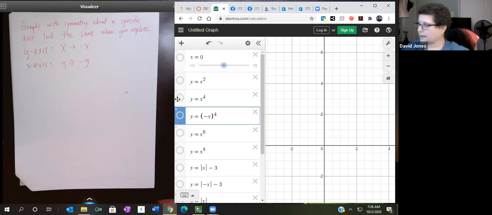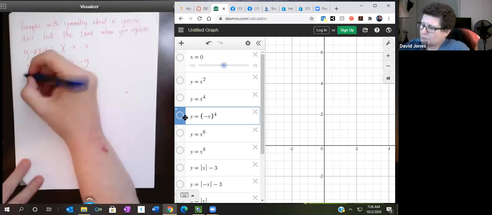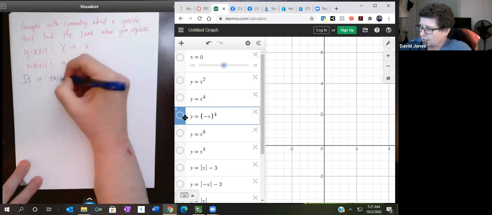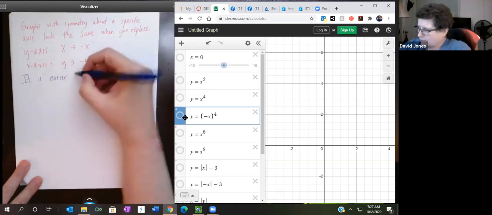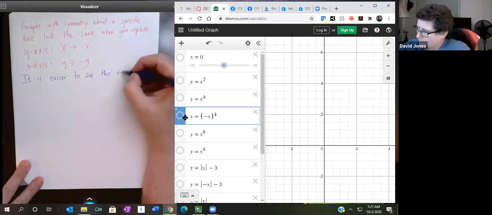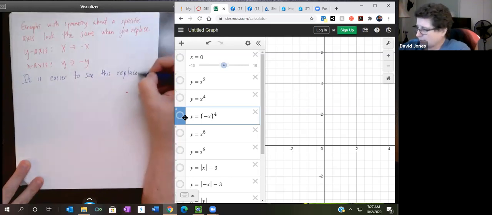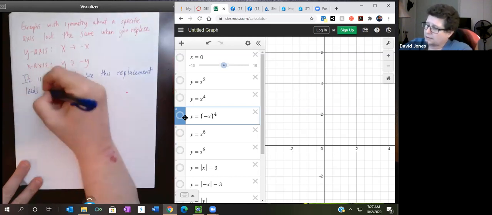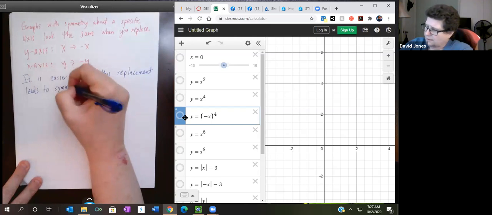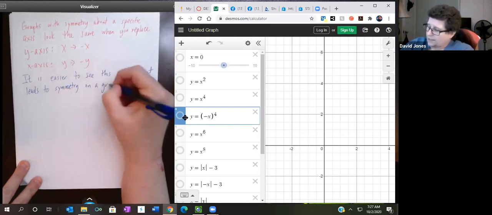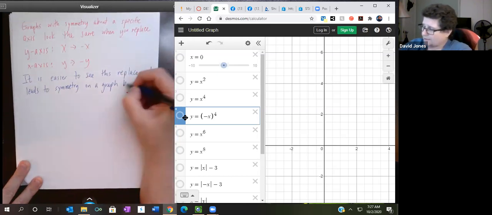Okay? So it's easier visually to see this replacement leads to symmetry on a graph, because the graph remains the same.